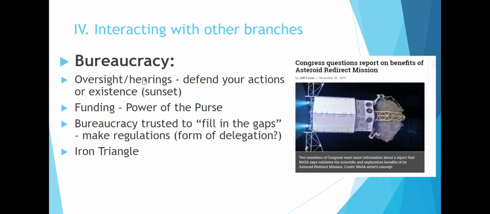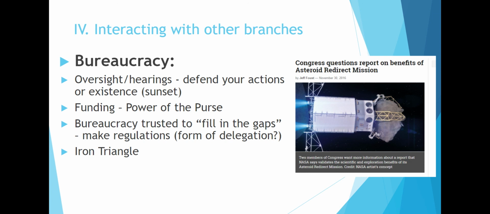Congress has this power called oversight over these cabinet departments, commissions, agencies, and whatnot. So they have oversight. They're allowed to have hearings, call these federal employees in front of a congressional committee and yell at them for doing something wrong, make them defend their actions.